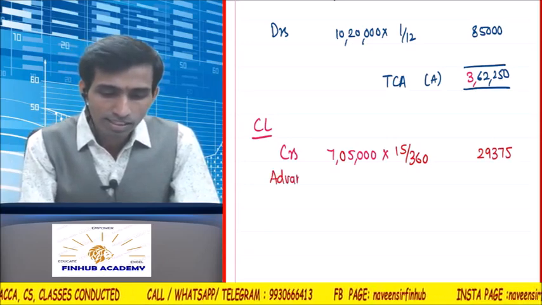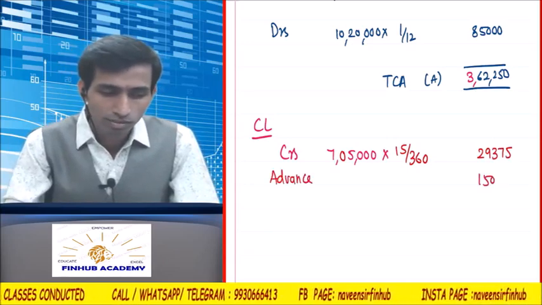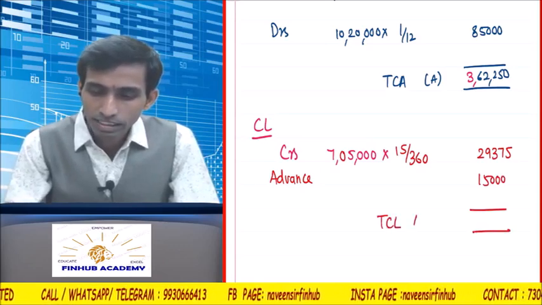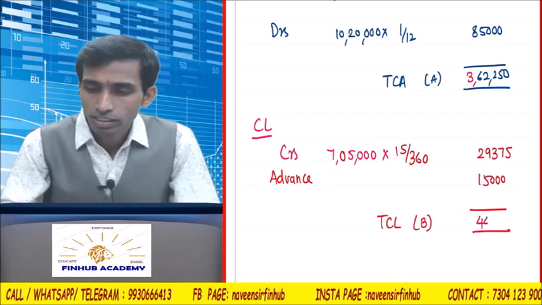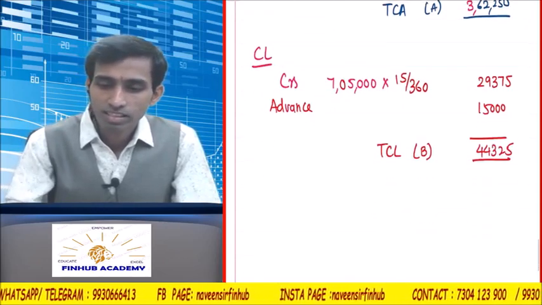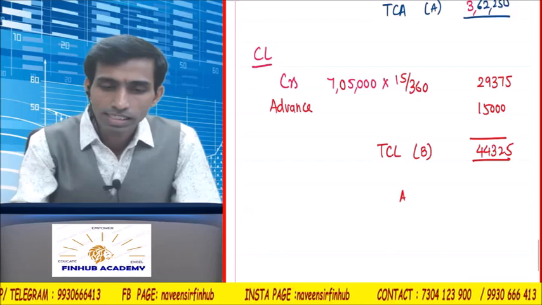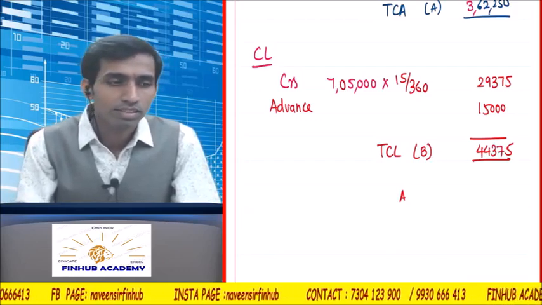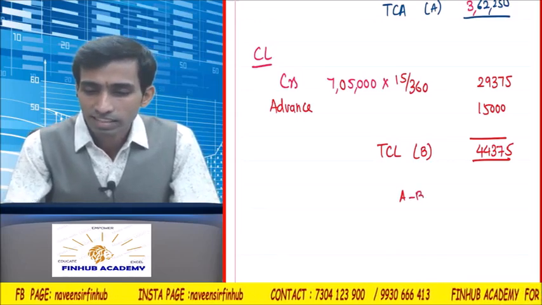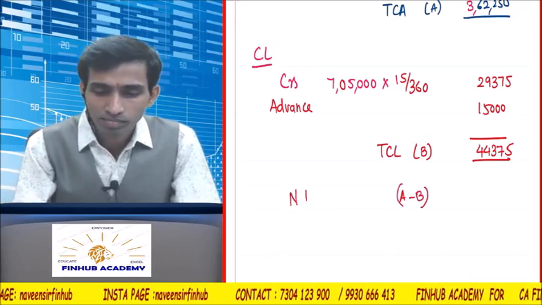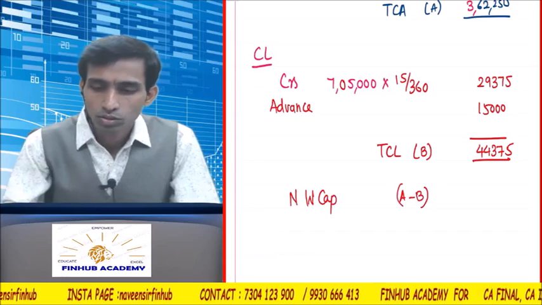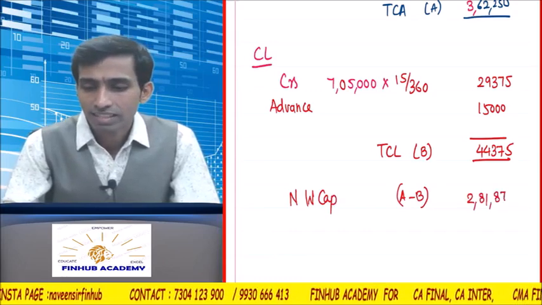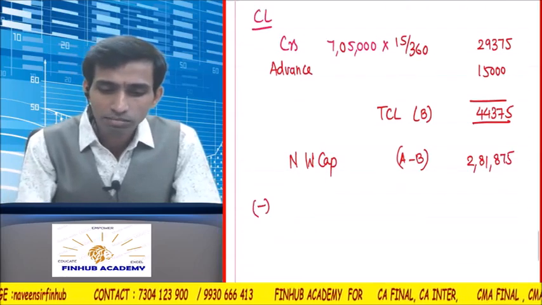Advance from customer, 15,000 on sales order. Total current liability B is 44,375. A minus B, net working capital, is 2,81,875, less margin.